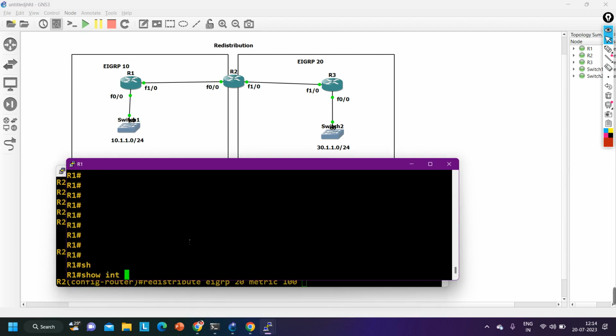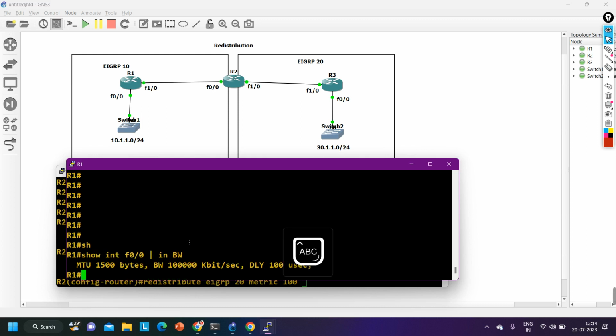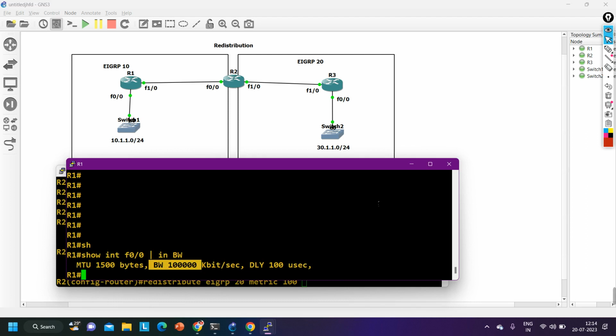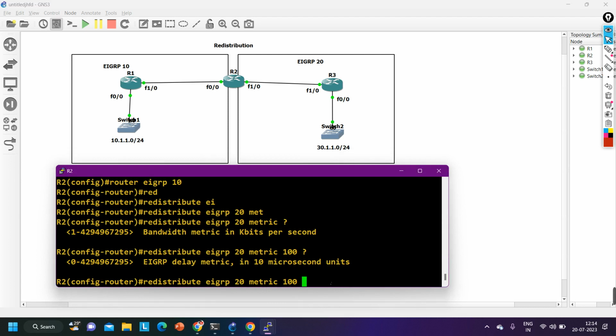So interface F0/0 and include bandwidth. So what is the bandwidth here? 1 lakh kbps means 100 mbps. So we can configure a bandwidth of 100 mbps. What is the delay over here? 100 microseconds. So we can configure this delay, or any other value you can set while redistributing.